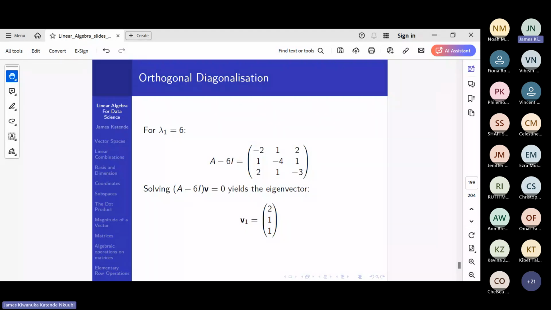So for lambda equal to 6, you can solve it, and we will not go through the full solution. Remember, you make this an augmented matrix, then the right-hand side vector will be the 0 vector. You have a homogeneous system, then you solve it, and you can pick a specific vector or any multiple of it as your eigenvector. So this will be one of the possible eigenvectors corresponding to the eigenvalue 6.